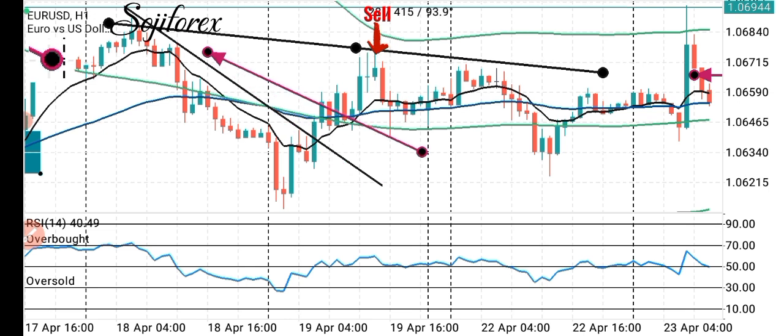But the question is, will I just jump into the sell? The answer is no. I will need this price to pull back to my indicators.